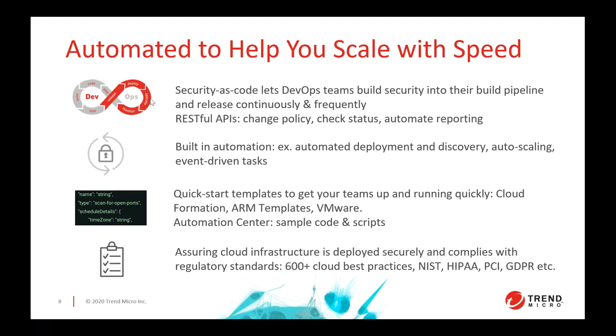For example, cloud environments are dynamically evolving. Lots of workloads will be provisioned and decommissioned automatically. So security should be automated on the cloud, and we are providing automated security using Cloud One Conformity.